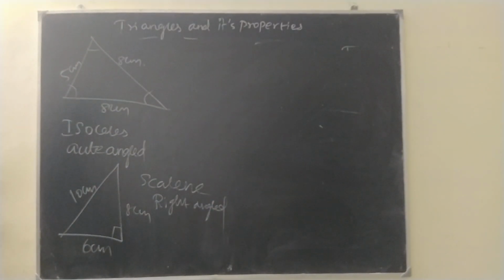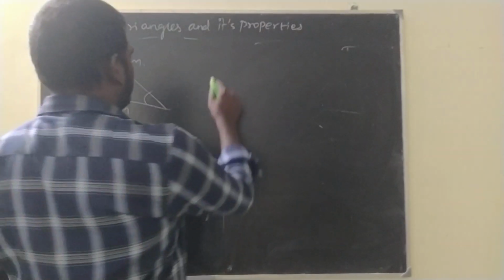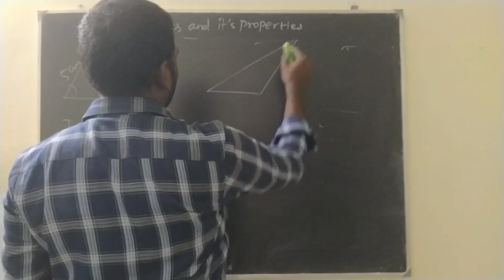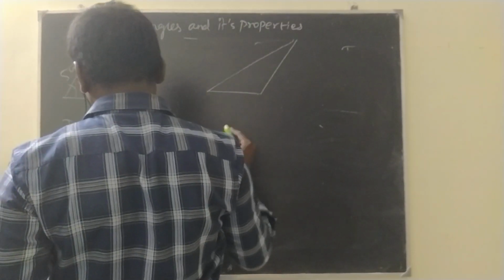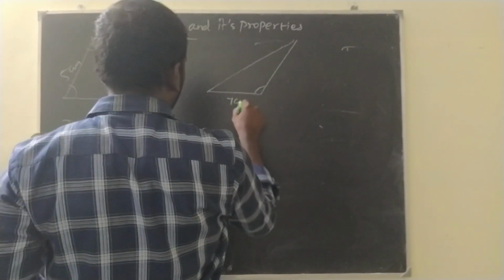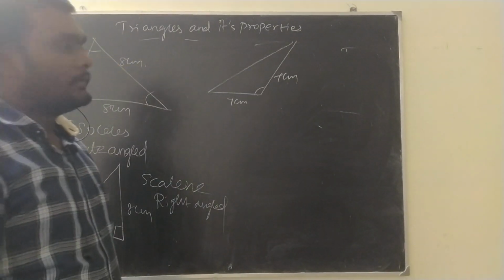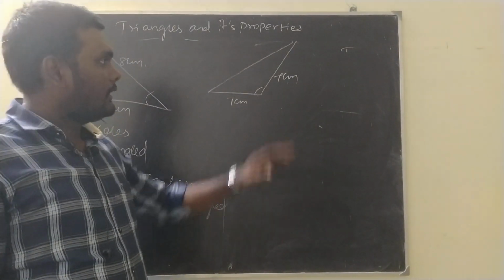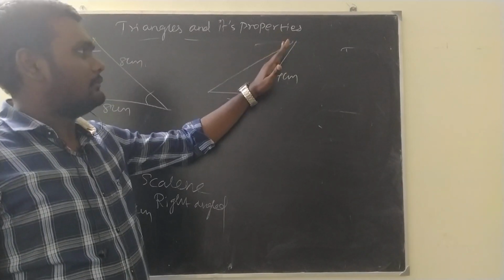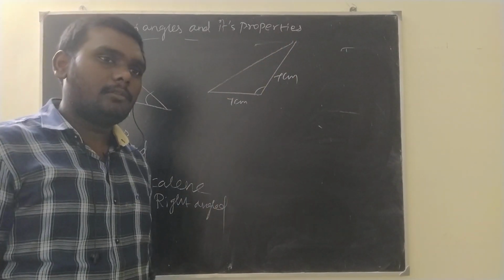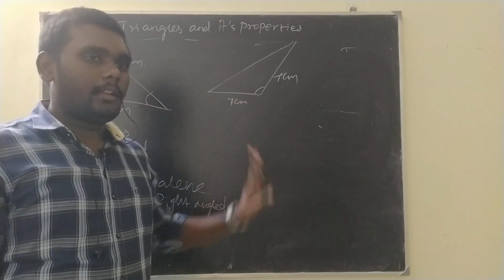Likewise, the other one. This is isosceles, obtuse angle. See, I drew this with quite more tilt than that, but when you see the figure itself, you may figure out that it is not a right angle.